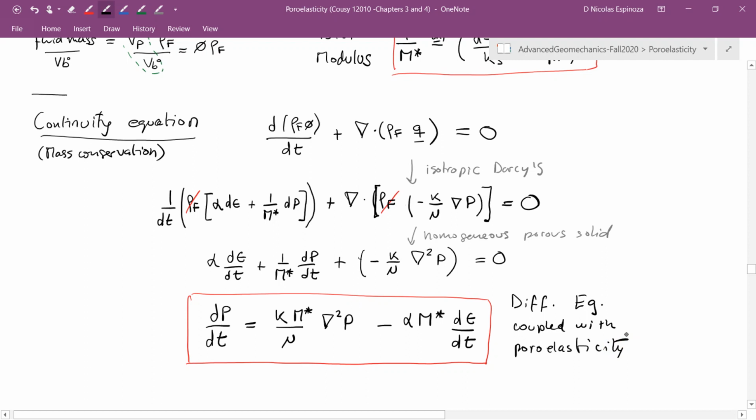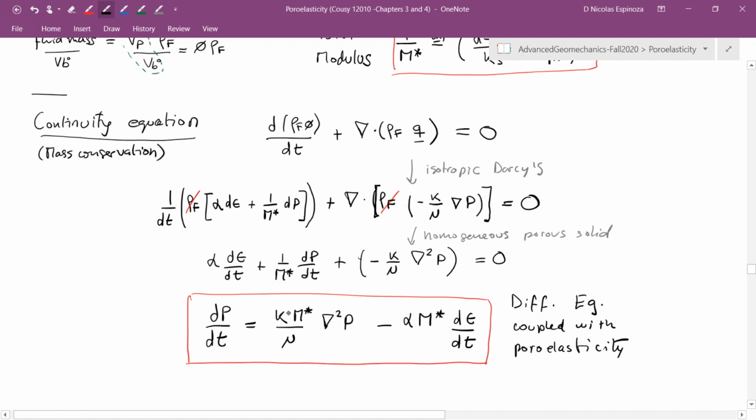Let's now try to understand what it means. Maybe from previous courses that you have taken, especially on fluid flow, in hydrology or in reservoir simulation for petroleum engineering, you usually deal just with these two terms, the variation of pressure as a function of time, and here the variation of pressure as a function of space.